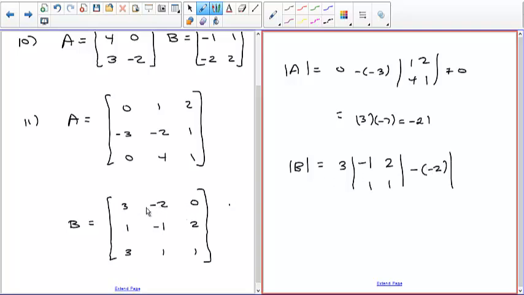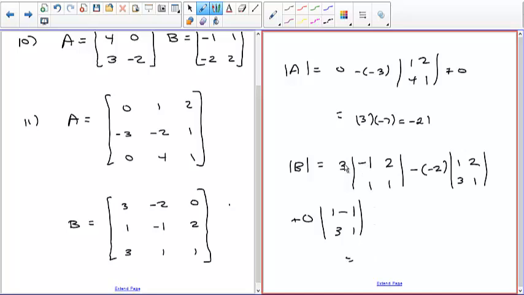And then you cross out this row and this column, you have 1, 2, 3, 1. And then finally you have 0 times something. Well, you'd have 0 times 1, negative 1, 3, 1. But it doesn't matter what this is. You're going to get 0 at the end.